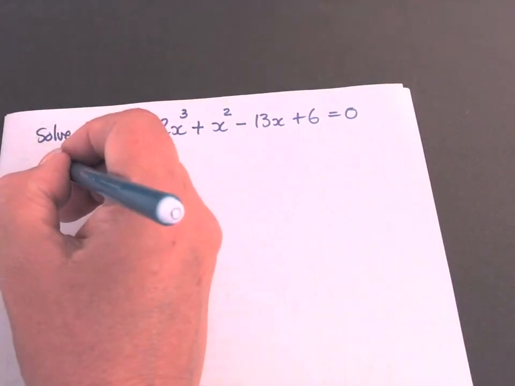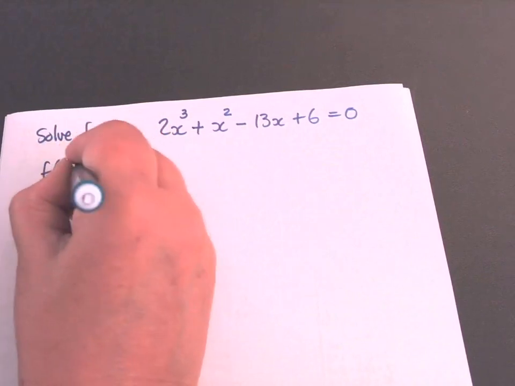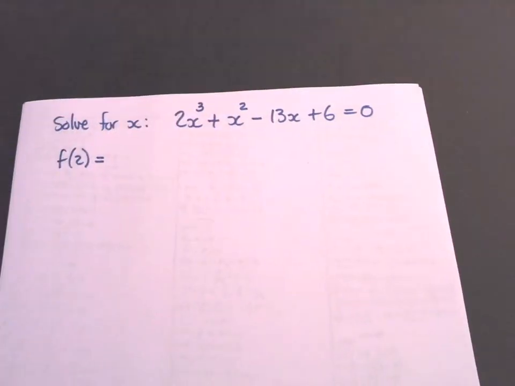I did the table on the calculator and I saw that f of 2 will give me 0.